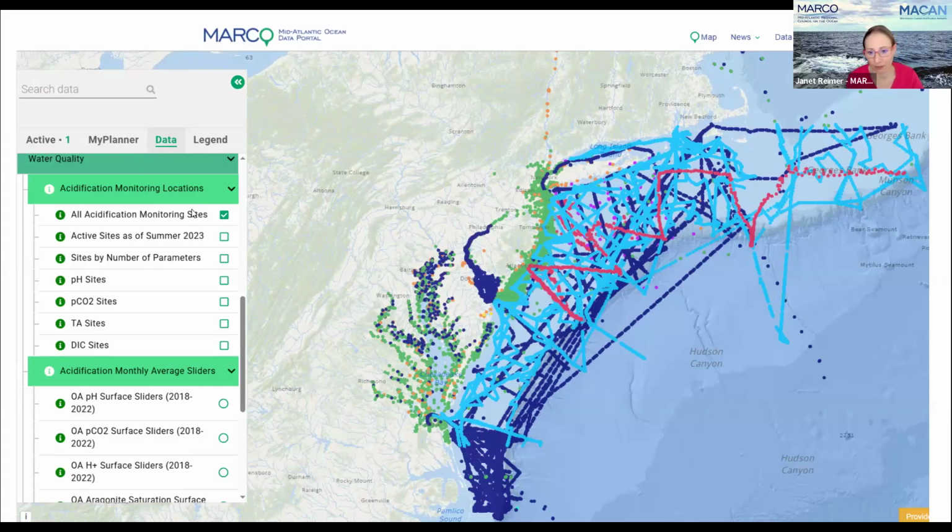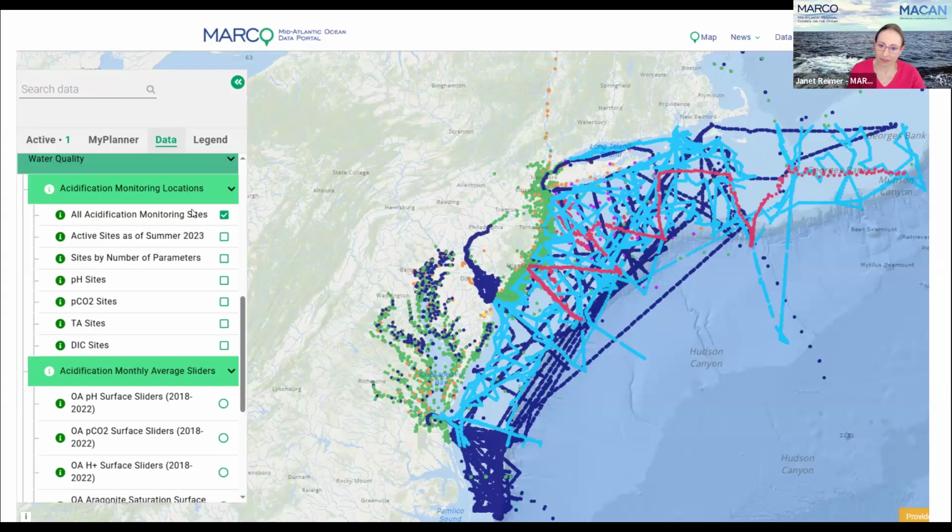Actually, I'm sorry, it's more than 4, but the circles that you see as discrete circles are one time, a discrete sample. It's a sample that is taken and then you move along. Everything that's connected, those are cruise tracks. Some of those cruise tracks are gliders, some of them are from shipboard measurements.